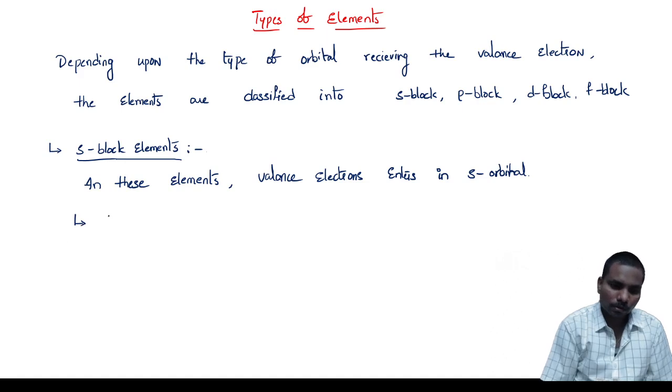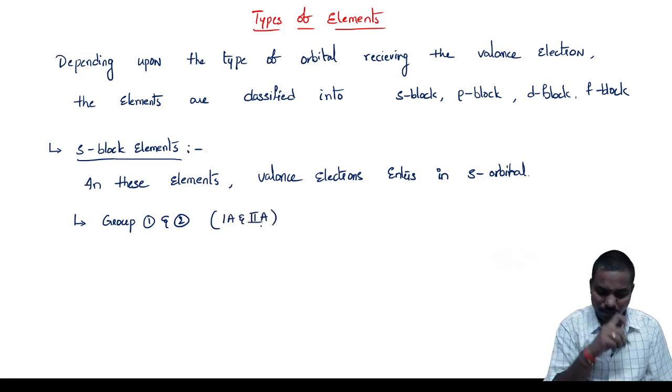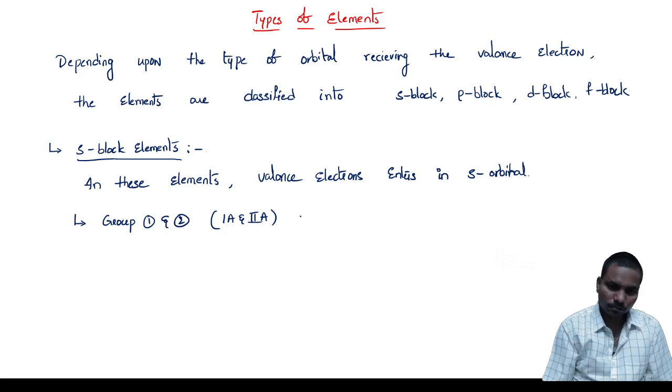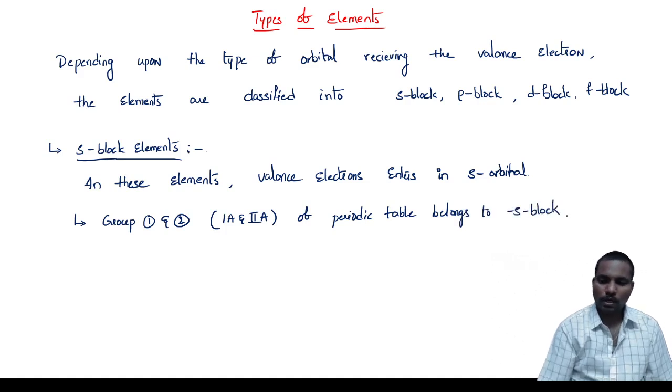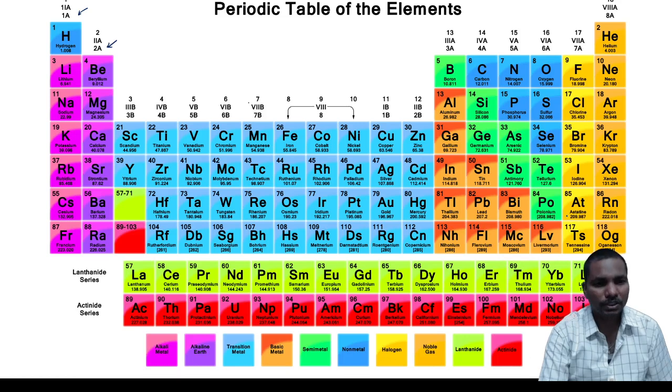Example, group 1A and 2A of the periodic table belong to S block. Let us take any one element, then you can understand.